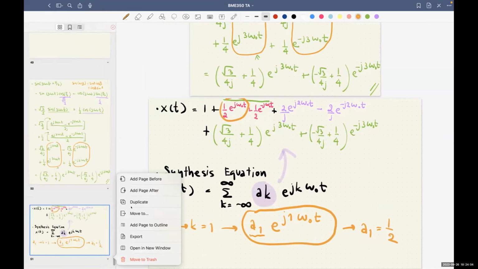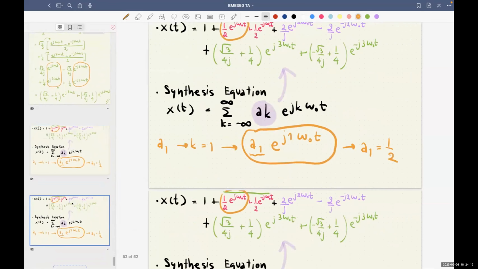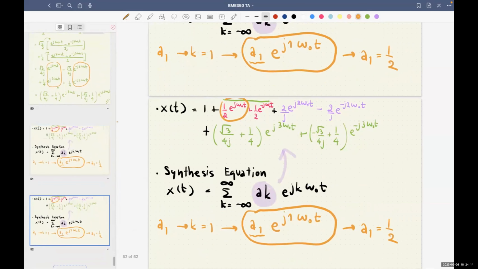Okay. Now let's try that one with a negative 1. A negative 1. So what is our a negative 1 gonna be in this case? I'll give you a hint.